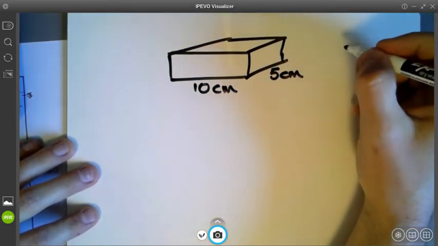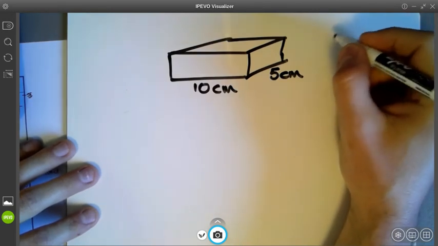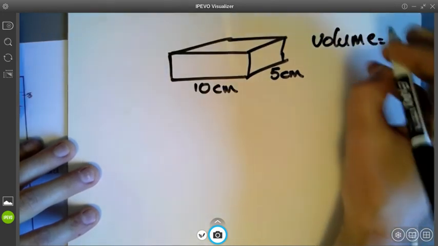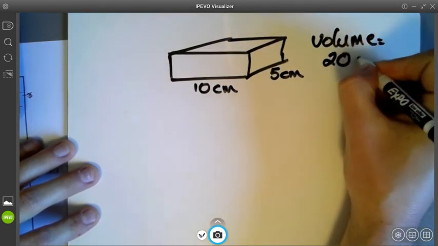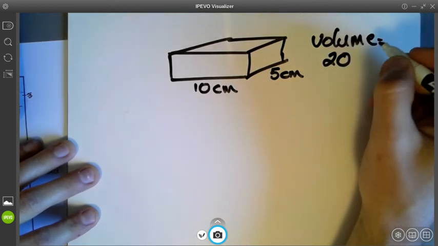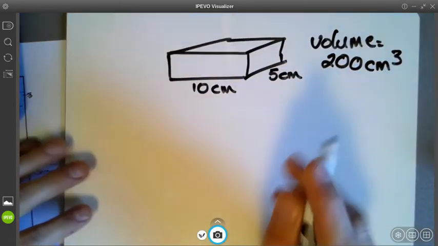All we're told is that the volume of this rectangular prism is 200 centimeters cubed.